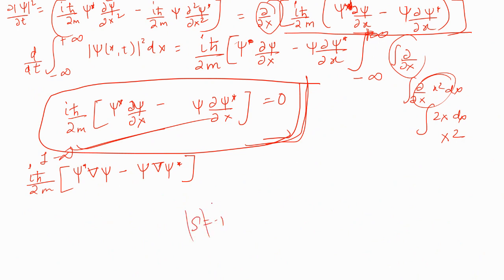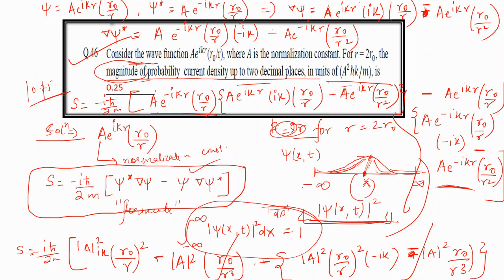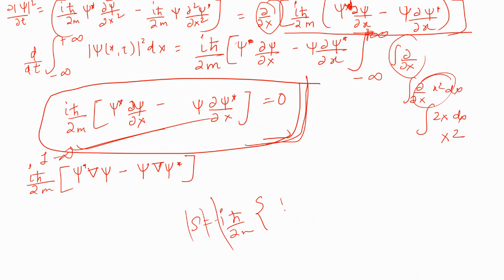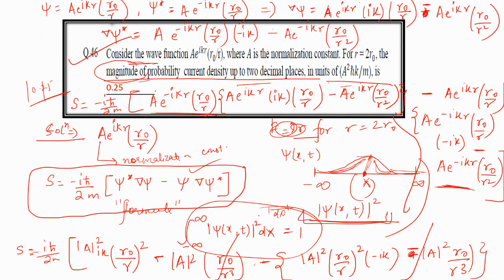Since it is a magnitude, you can write magnitude of iota h cross upon 2m A square iota k r naught by r square.